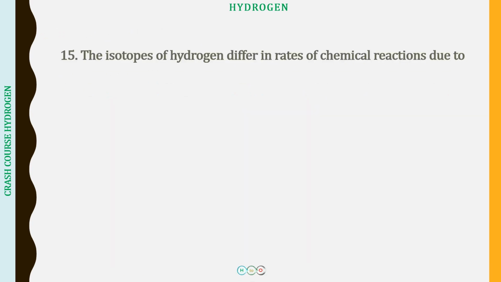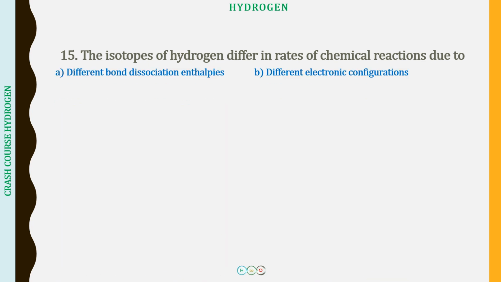The next question is: the isotopes of hydrogen differ in the rates of chemical reactions due to different bond dissociation enthalpies, different electronic configuration, different chemical properties, or different atomic masses. Please do remember that isotopes have similar atomic number, and because they have similar atomic number, they will have similar chemical properties.